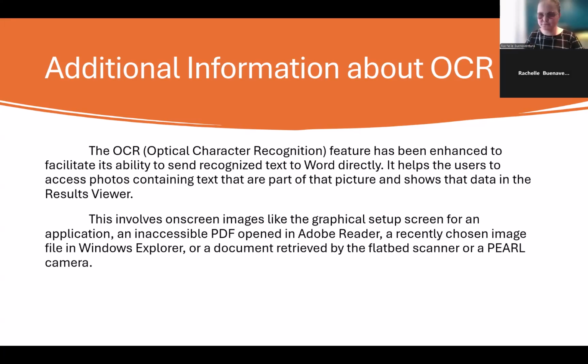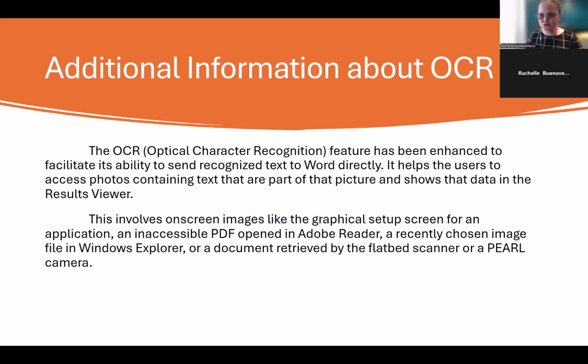So this involves on-screen images, like a screenshot or the graphical setup screen of an application, an inaccessible PDF, a recently chosen image file in Windows Explorer, or a document retrieved by a flatbed scanner or camera.